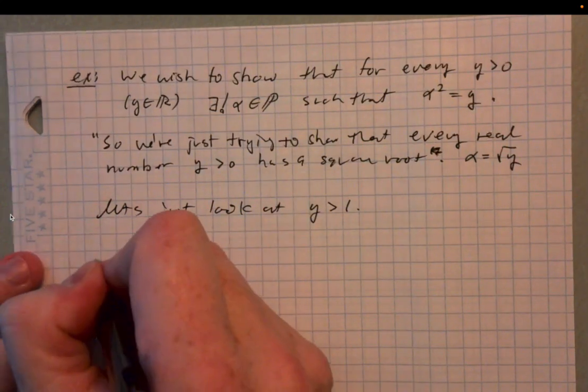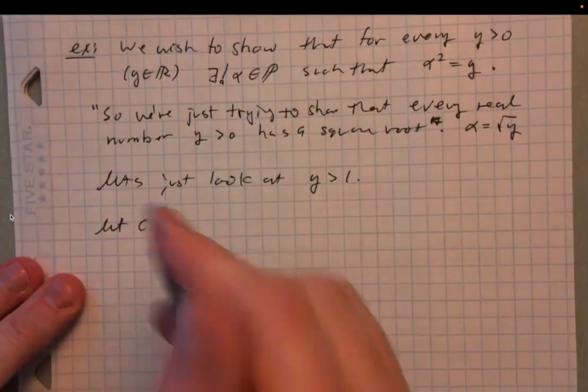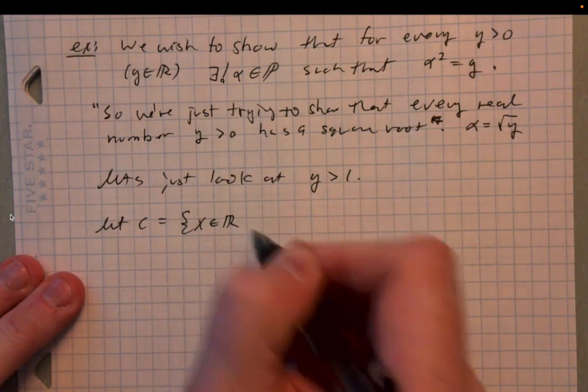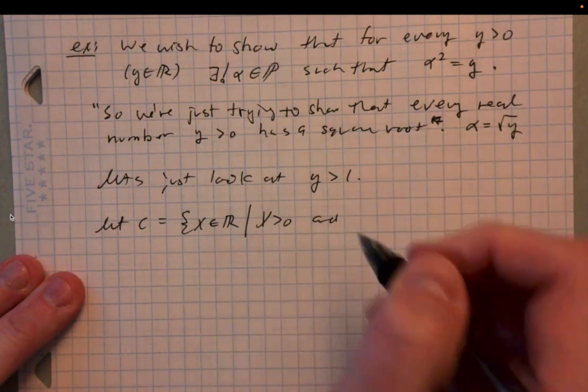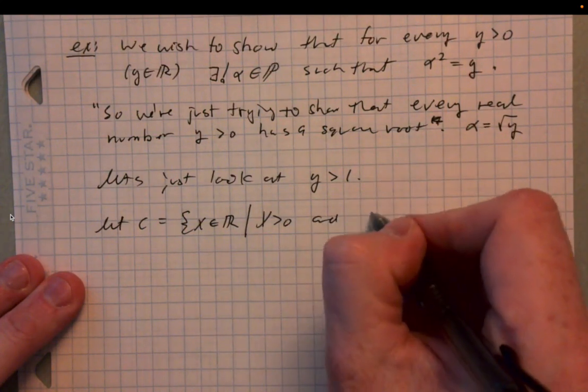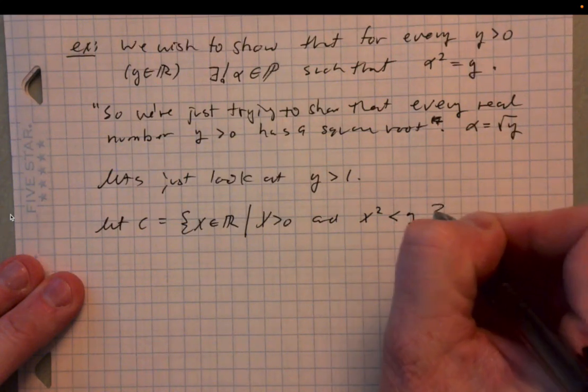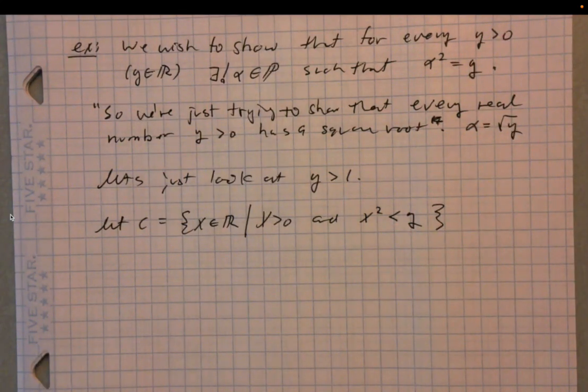All right, so let's start with a set. Let C equal the set of real numbers x such that x is greater than 0 and x squared is less than y. Okay. This runs parallel to the example that we previously saw, like all of the r's in Q such that r is greater than 0 and r squared is less than 2. But here we're doing it more generally.